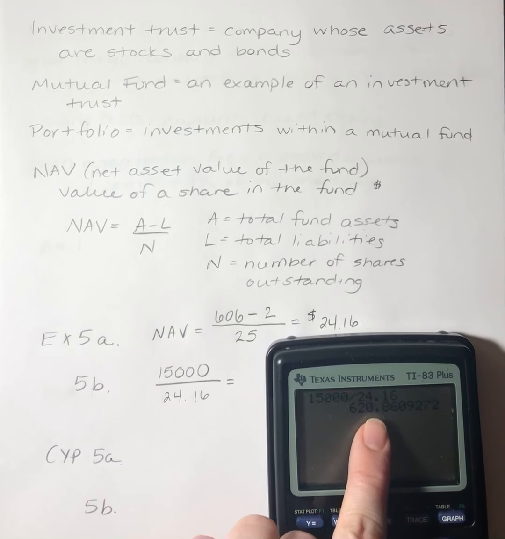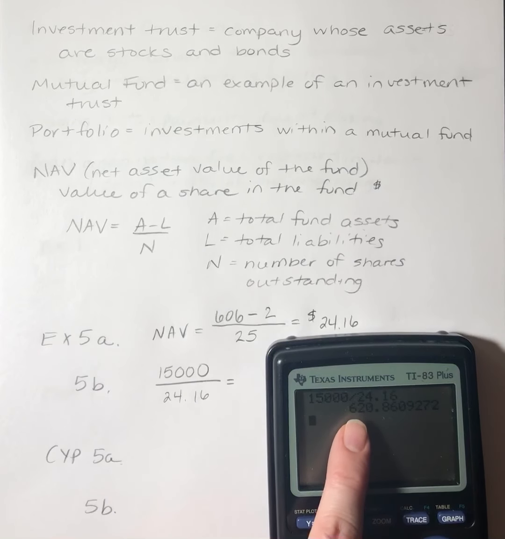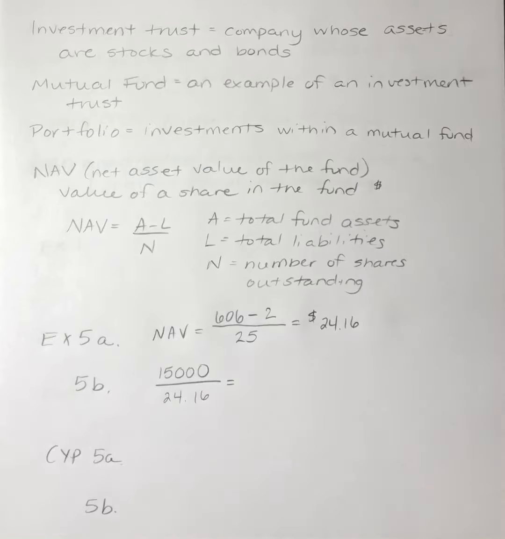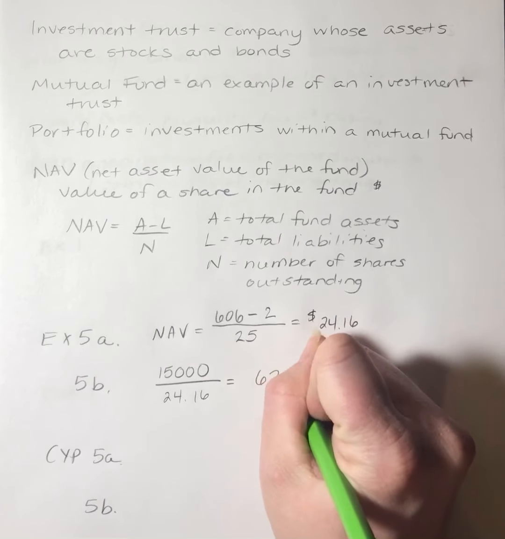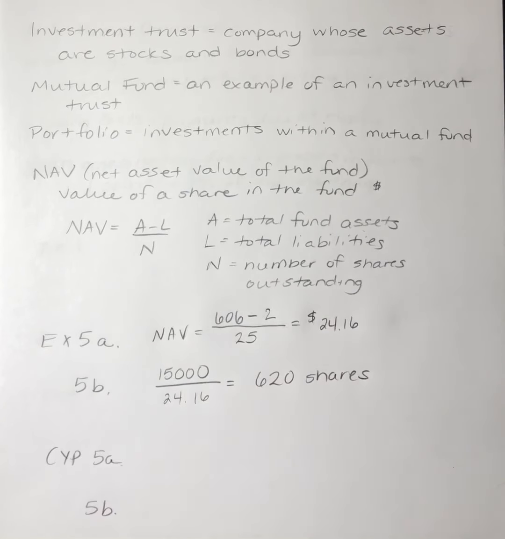We can't buy more than what we're doing. So I can't say that I bought 621 shares. This is not a rounding issue. It's how much can you afford, okay? So this person can afford to purchase 620 shares. They don't quite have enough to purchase another share. So it's going to be 620 shares that can be purchased for $15,000. Okay.